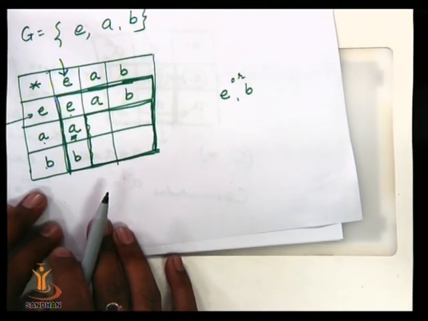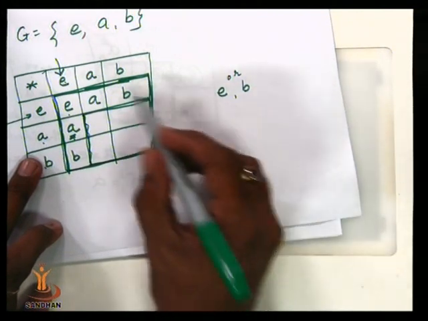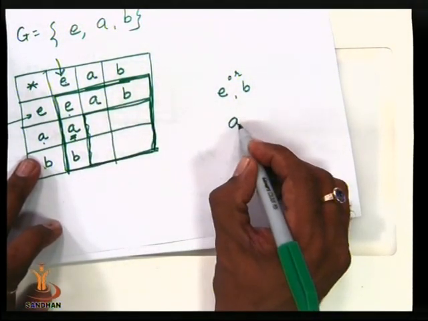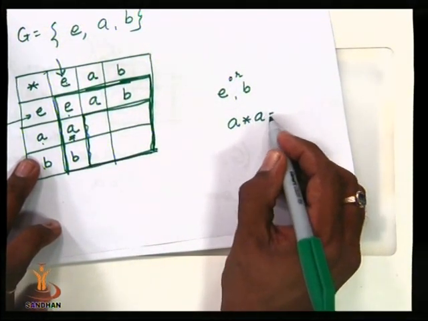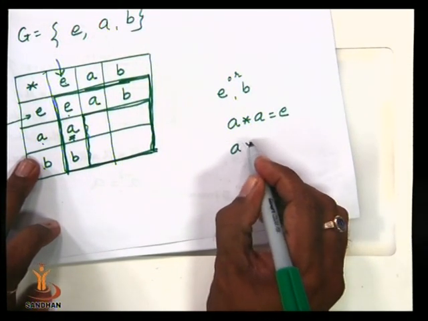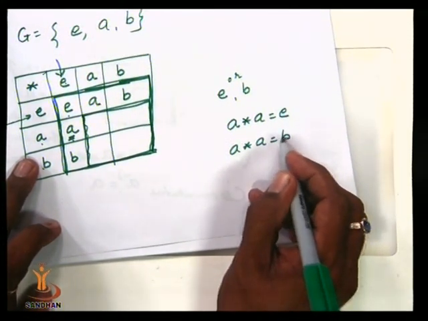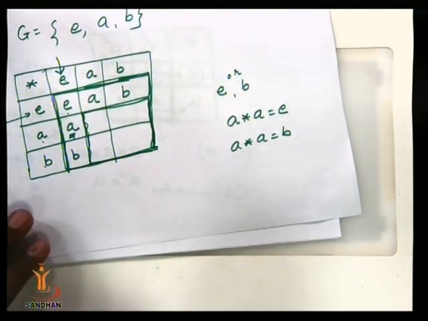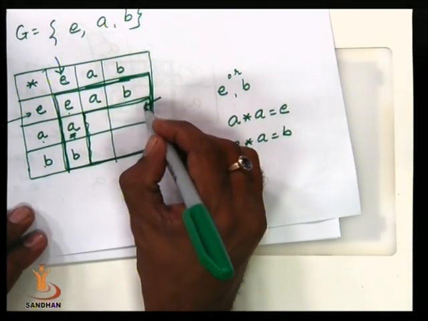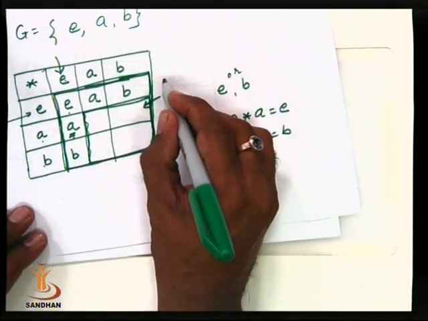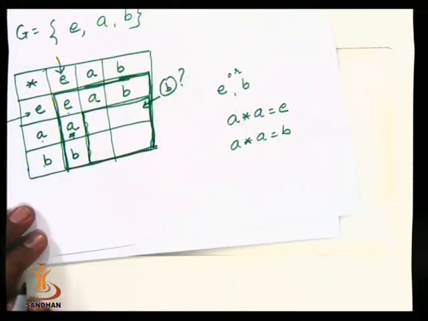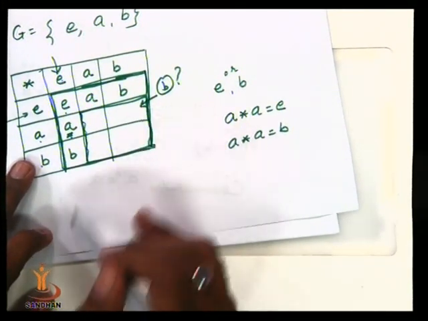Now let us see, is it possible that A star A is equal to identity, or A star A is equal to B? Let us see what happens. Suppose this is B, then what happens? Is it possible to put B here? Let us check.